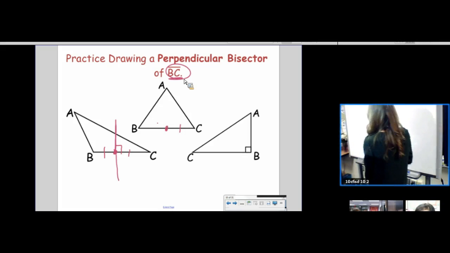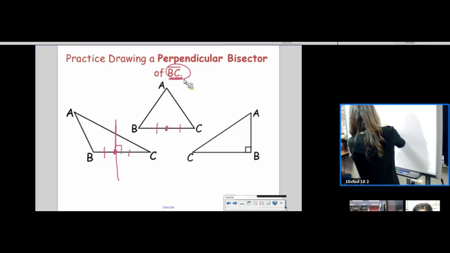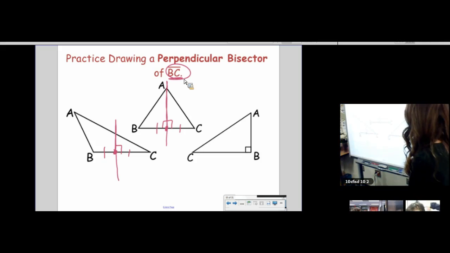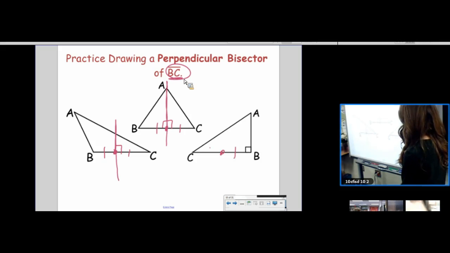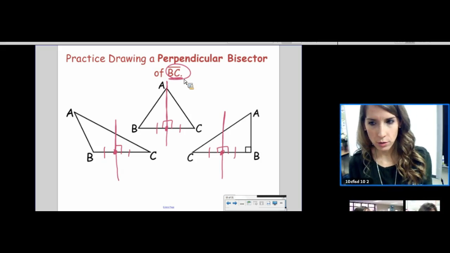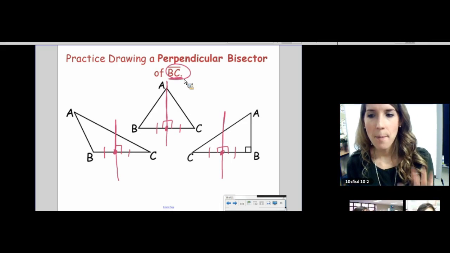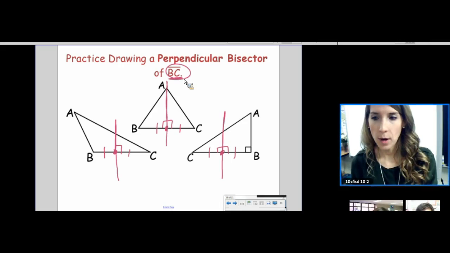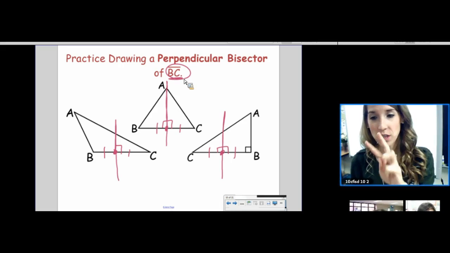Something special is going to happen on our equilateral triangle, as you can imagine. It's going to go through an angle. And on our right triangle, nothing too enlightening, nothing too special. Looks like that. So what could we conclude about when a perpendicular bisector would go through a vertex? When do you think a perpendicular bisector would go through a vertex? There's actually two times.